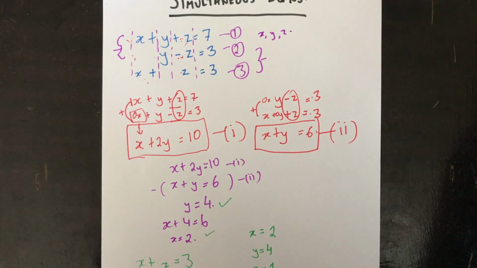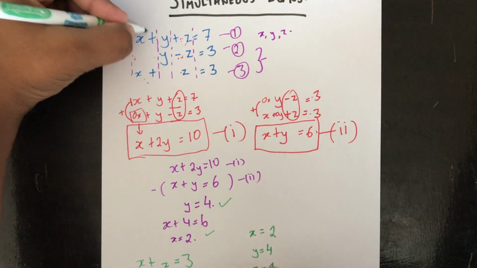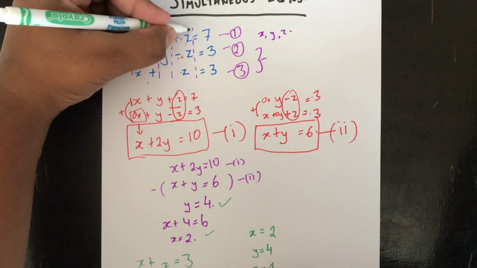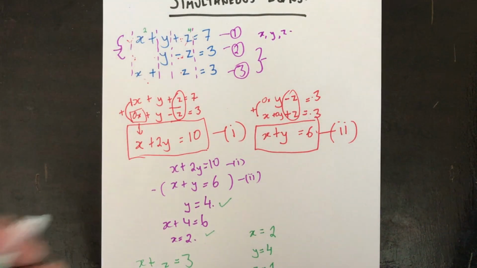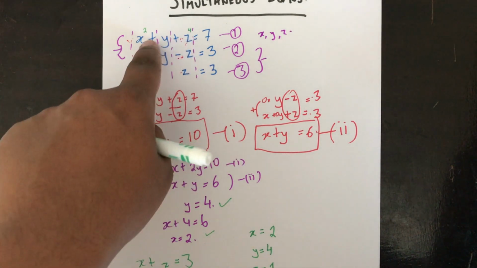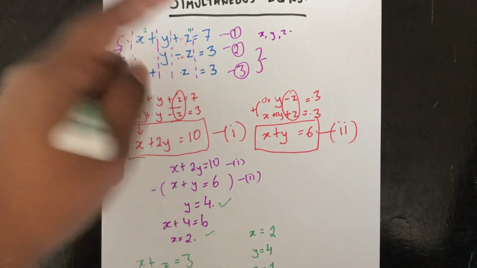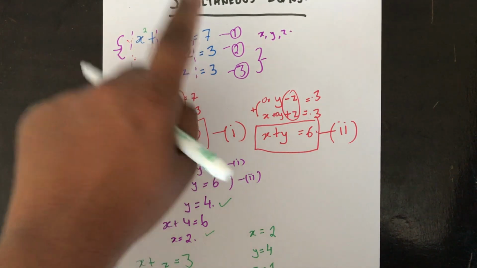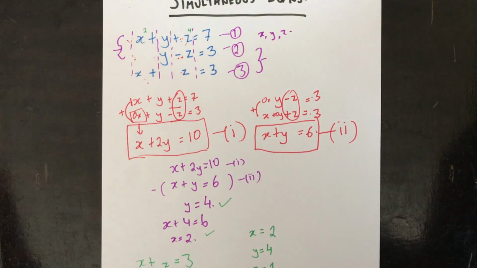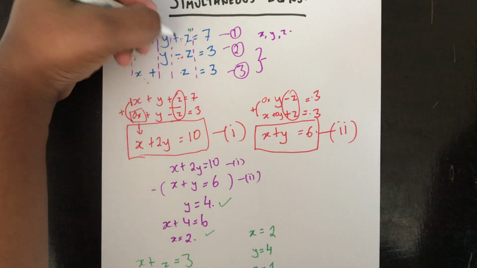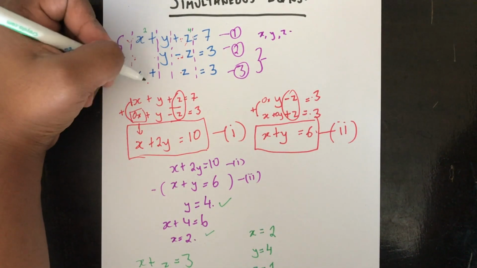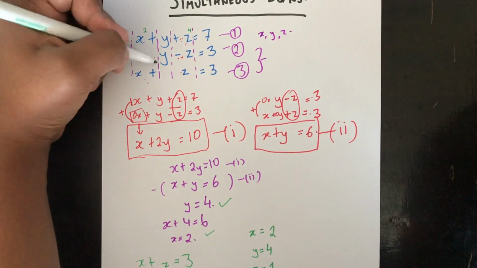Suppose you had x squared plus y plus z power 4 is equal to 7. So here we notice that this becomes a non-linear equation because there's no power 1. All of these terms, well, the highest power is power 4, which is not 1. So therefore this becomes a non-linear equation. These two will still remain the way they are, linear equations.